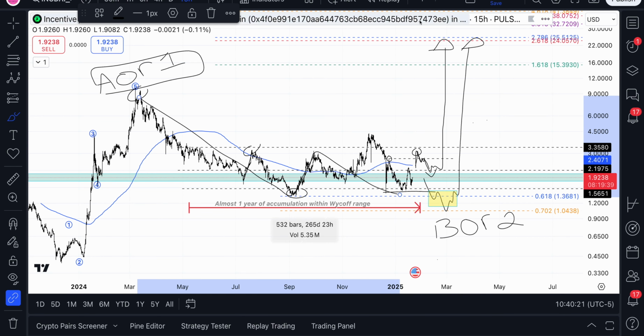And now we're starting the next 5-wave move to the upside. Okay, but I would want to see a breakout of this internal range here. So far, it is holding. Everything is holding. And I do think we're going to get that expansion in the ecosystem.